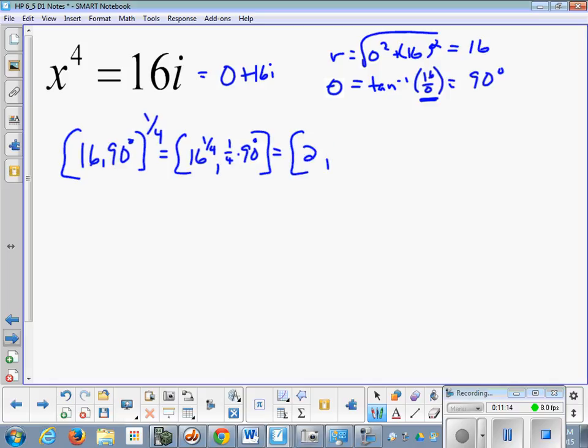So this is 22.5 degrees. Okay, and since it's dividing this into 4, it's 90 degrees. All these are separated by 90 degrees.